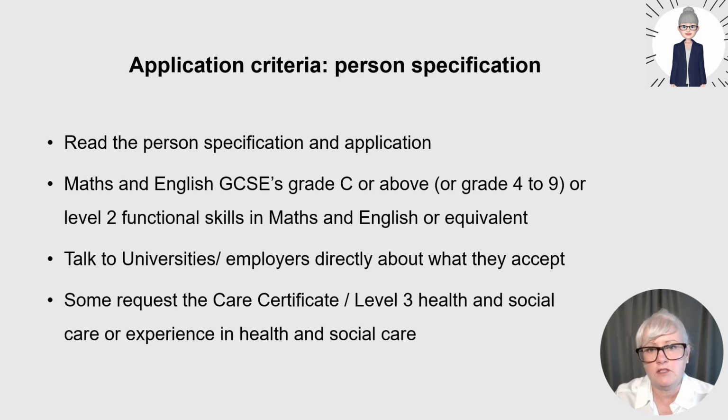Also, some employers request a level 3 health and social care course, and they usually list the courses they'll accept on the advert. Some don't though, some may not request additional courses, but some do. But if you look on the person specification and you haven't got those courses, it's still worth contacting apprenticeship leads if you've completed a course that isn't listed, for example, to see if it will be accepted as an equivalent.